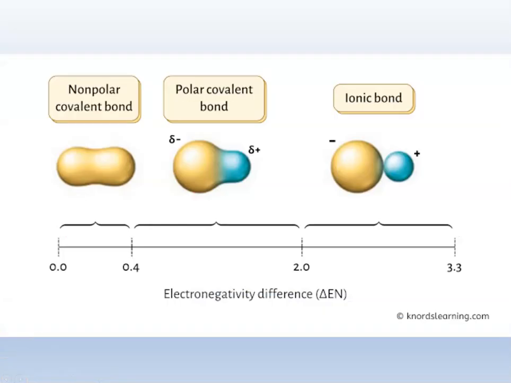So I wanted to show you this depiction here. In ionic, those electrons completely transfer to one atom. And remember, when they gain electrons, they get larger here. So we've got a negative and a positive. They do stick together. That's an ionic bond. In the next one, they're sharing the electrons, but this one's going to be slightly more negative and this one slightly positive.